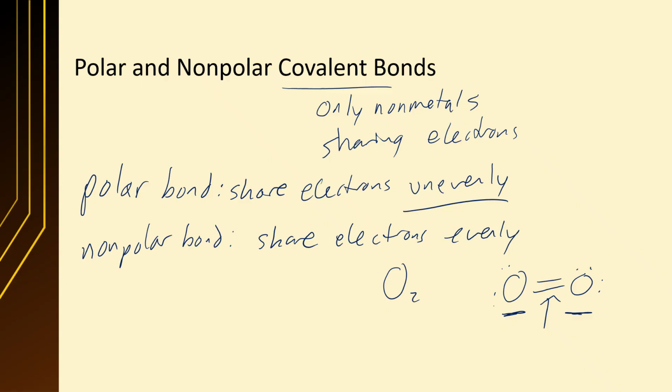It's like they're evenly matched in a tug of war. A polar bond, on the other hand, would be something like the hydrogen-oxygen bond in water. The hydrogen and oxygen are pulling on the electrons shared in this bond unevenly. They don't have the same pull. And so because of that, they form a polar bond.